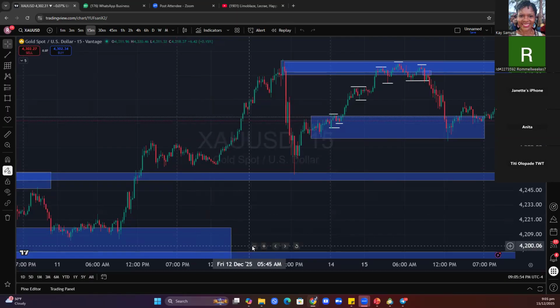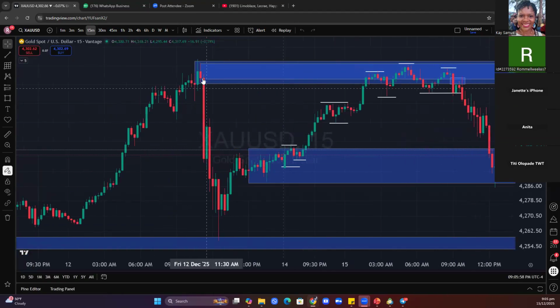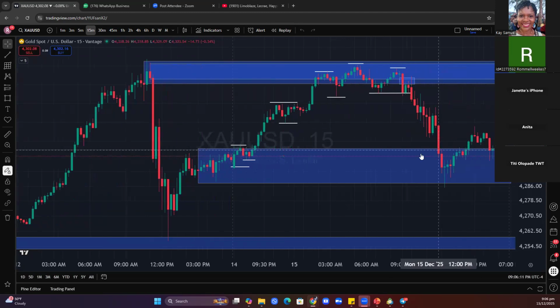So if we use this once again, engulfing candle, imbalance: all this was imbalance, price traded back up into the area. Wait for price to shift. When it shifts and pulls back into the imbalance, then you run the setup.